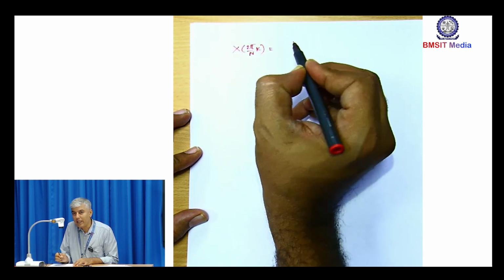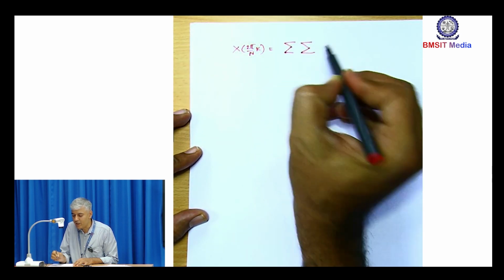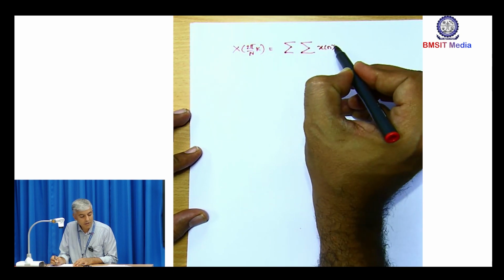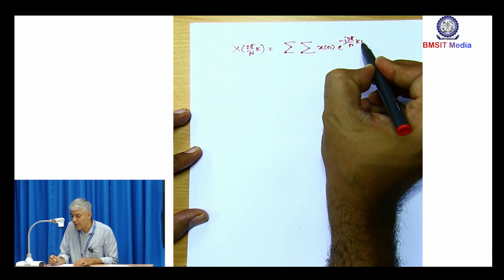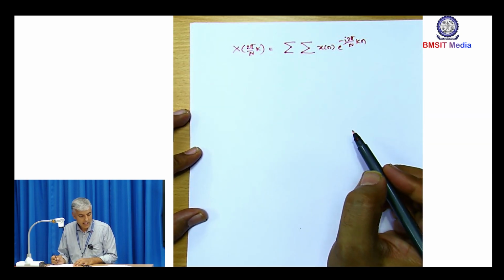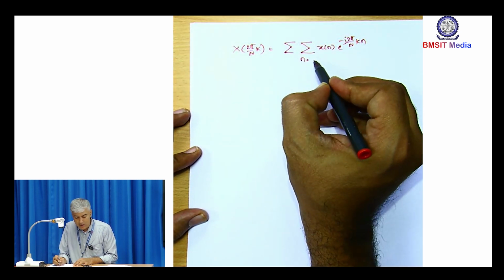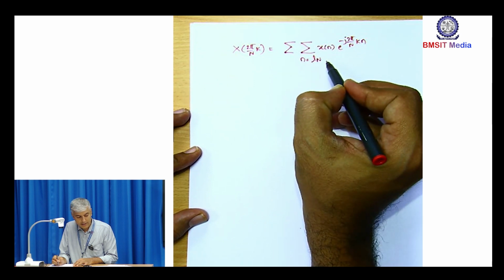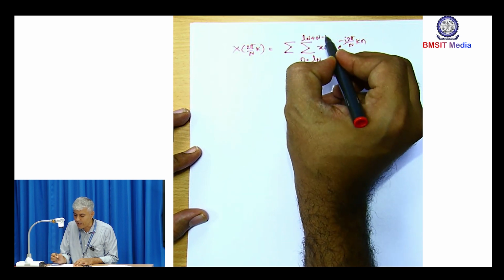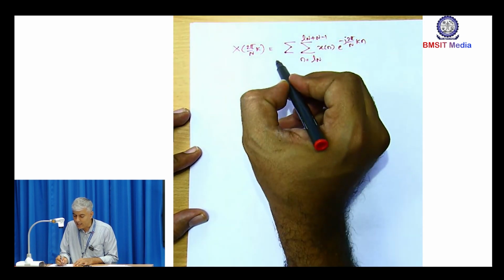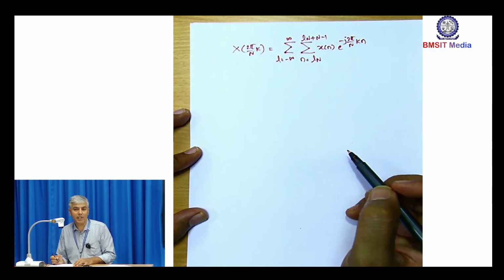X of 2 pi by N k is equal to summation of summation. What are the terms? That is x of n e raised to minus j 2 pi by N k n. So this term is not changing. Only thing is, I will have the n ranging from LN to LN plus N minus 1, where L ranges from minus infinity to plus infinity.